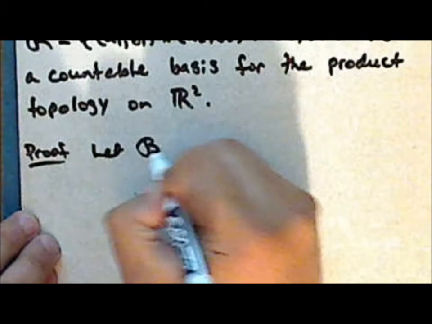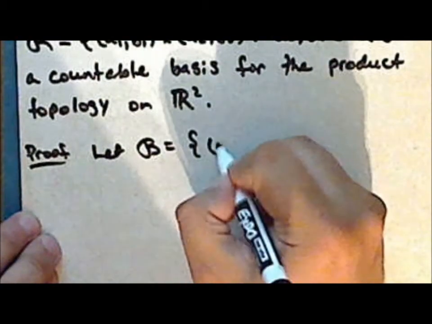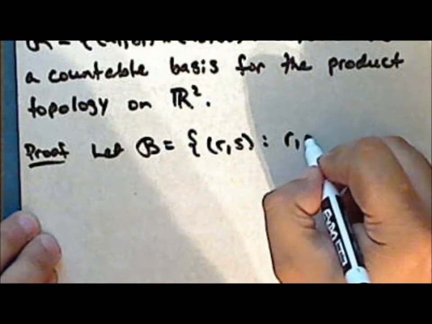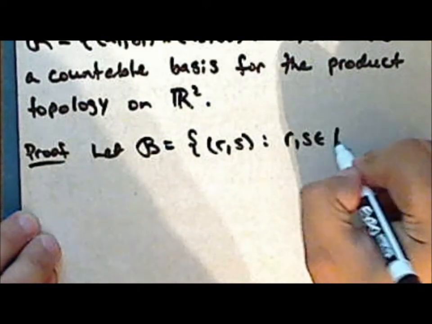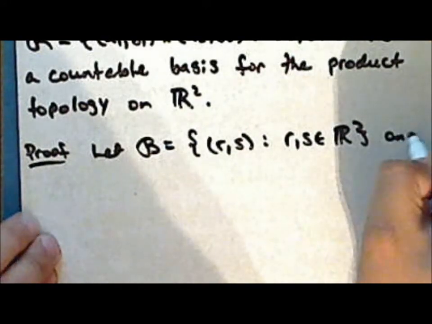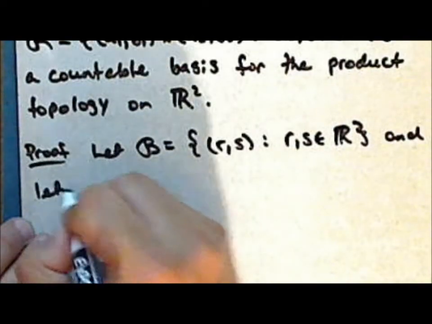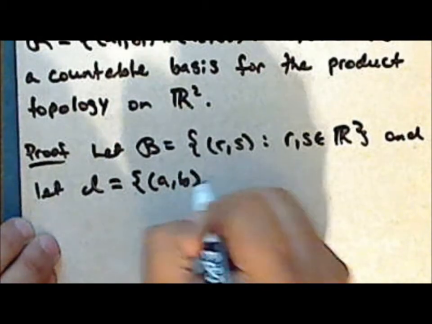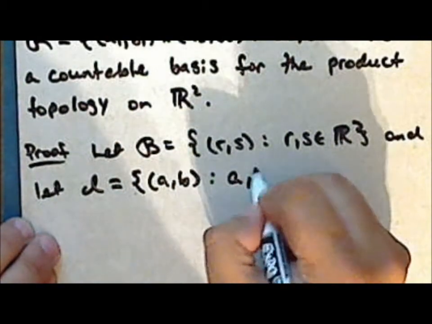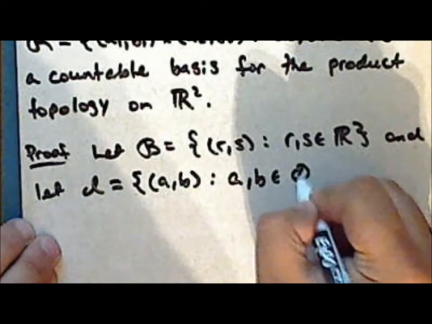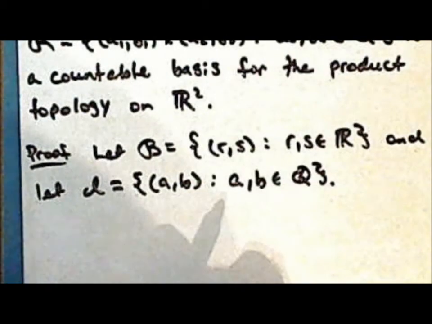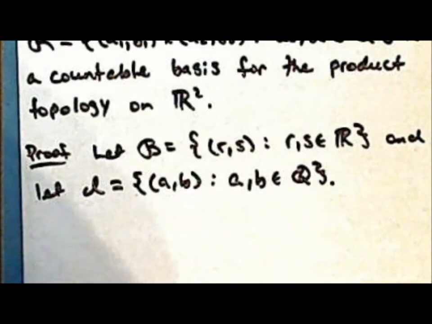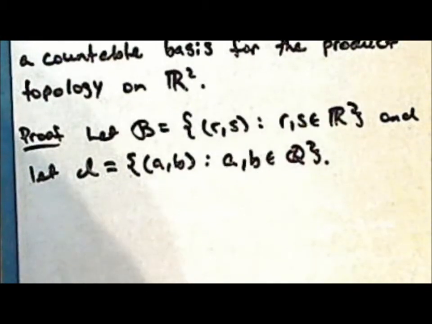So let script B be the set of open intervals having as its endpoints real numbers, and let script I be the set of open intervals having as its endpoints rational numbers. Now we already know that the collection script B is a basis for the standard topology on the real line, that is the order topology.